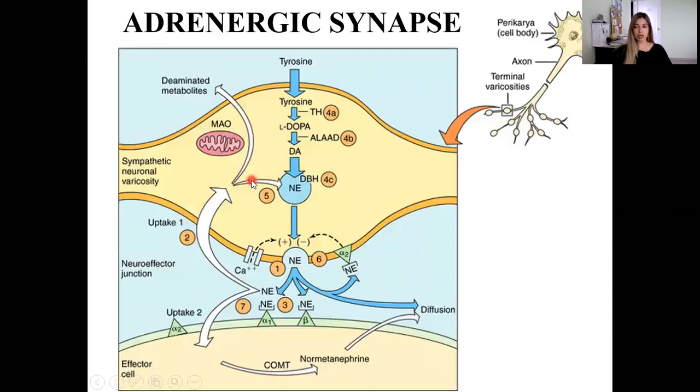What about the adrenergic synapse itself? Let's look at our neuron. We have the cell body of the neuron, after which it has the long axon, at the end of which there are some structures, the terminal varicosities. What are these varicosities?